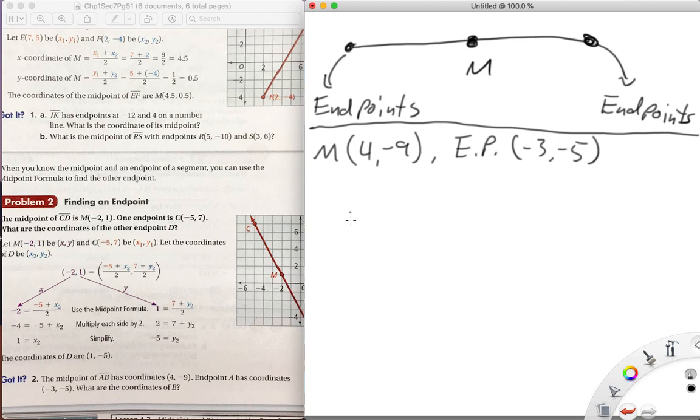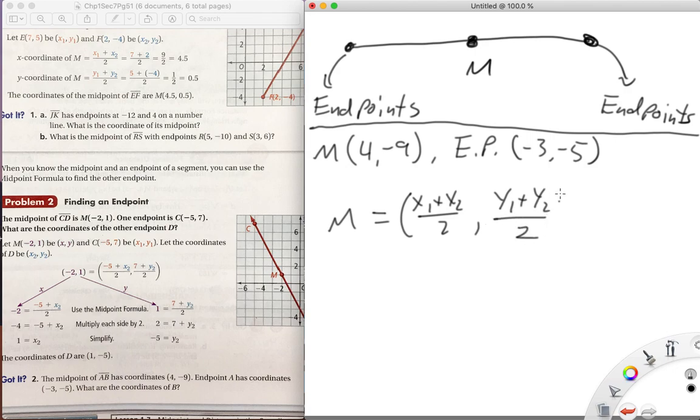Okay, so when we do the midpoint formula, the midpoint is going to equal x1 plus x2 over 2, and then y1 plus y2 over 2.